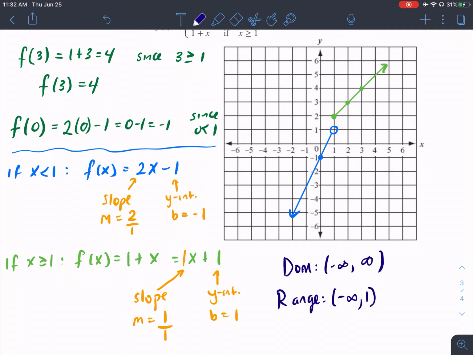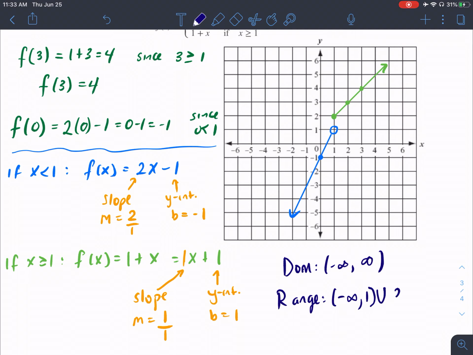We're going to say 1 excluded, but because there's more to the graph of the function, I need to keep going. So notice that 1 is not included, and anything in between 1 and 2, those y values are not part of the graph. Up to 2, then I start again. So the way you say that is you're going to exclude 1, then you're going to union, and then anything between 1 and 2 is not part of it. But then once I'm at the y value 2, I start getting y values that are in my range.